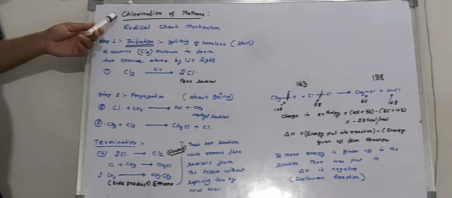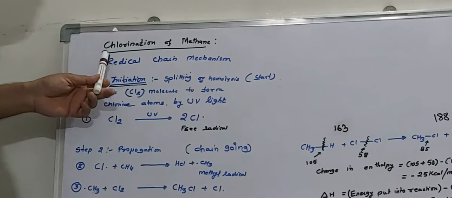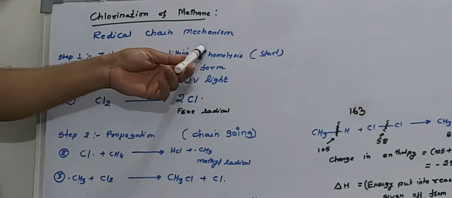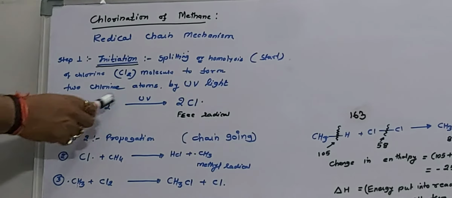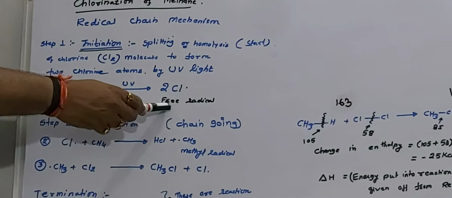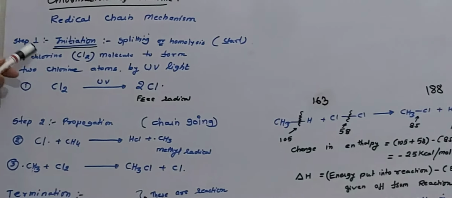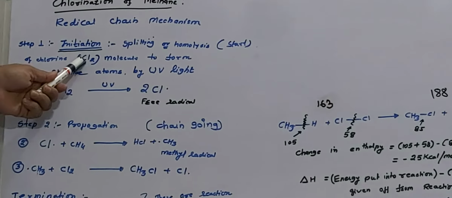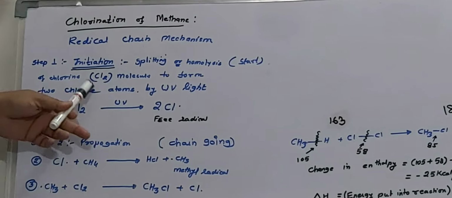So friend, we have seen the chlorination of methane. This is also known as the free radical chain reaction. Why free radical chain reaction? Because this Cl2 when it reacts under the UV light, we are getting the free radical of chlorine. Here the chlorine molecule, that is the Cl2 molecule, undergoes reaction to form 2 chlorine atoms.